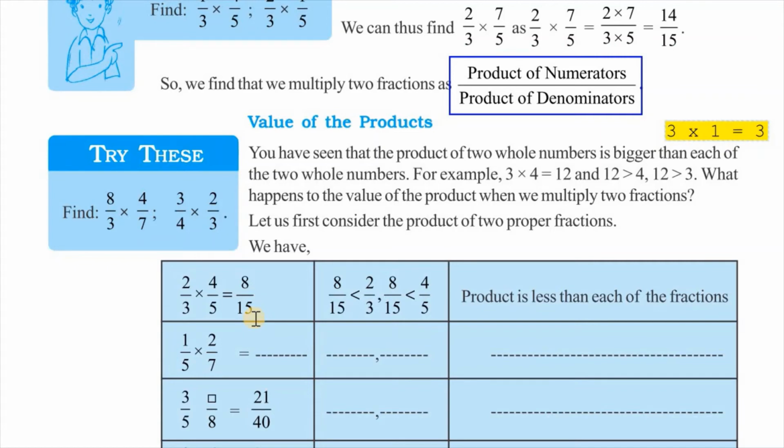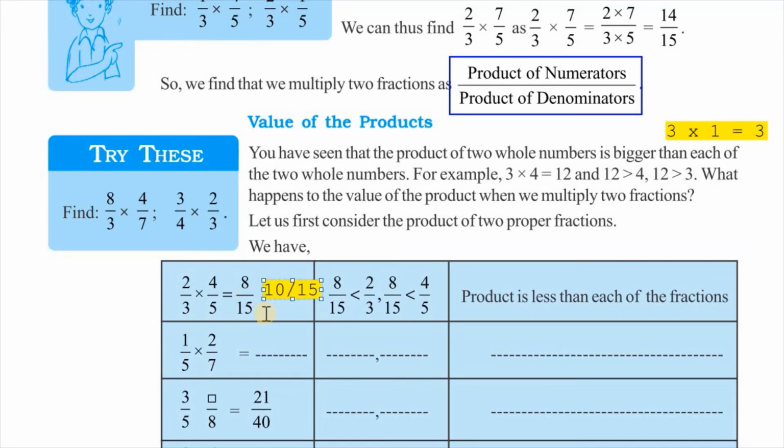So the way you make 8 by 15 and 2 by 3 as like fractions is, you need to make the denominators similar. In this case, you need to multiply 3 with 5. So 2 by 3 becomes 10 by 15.